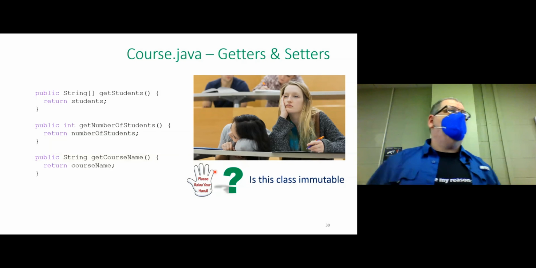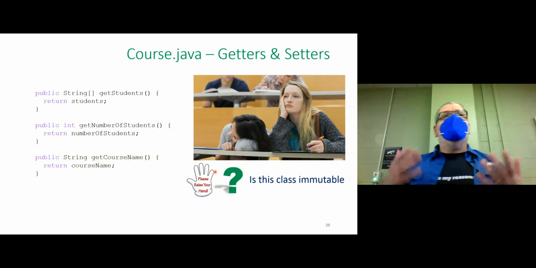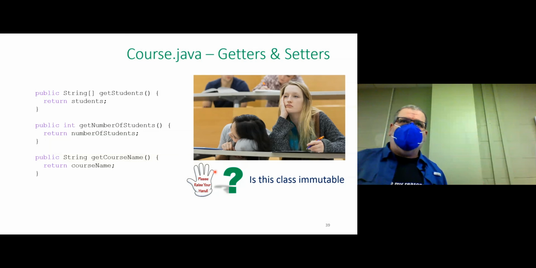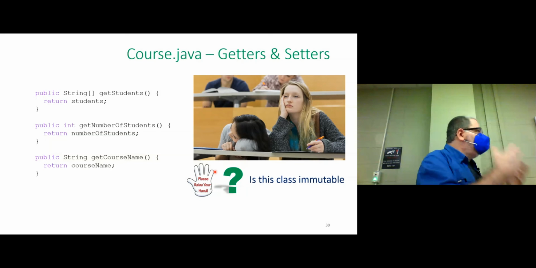And it does matter. It matters insofar that, as we discussed actually last time, principle of least privilege, right? You should not write code that allows another programmer to do on an object of your class something that you did not want them to do explicitly.